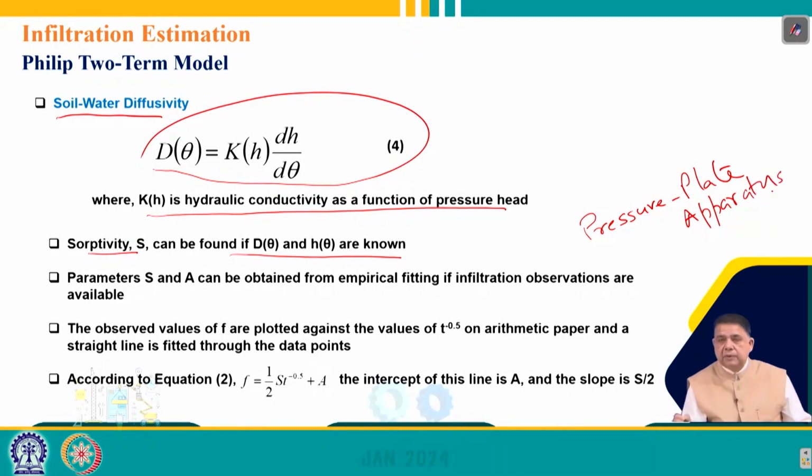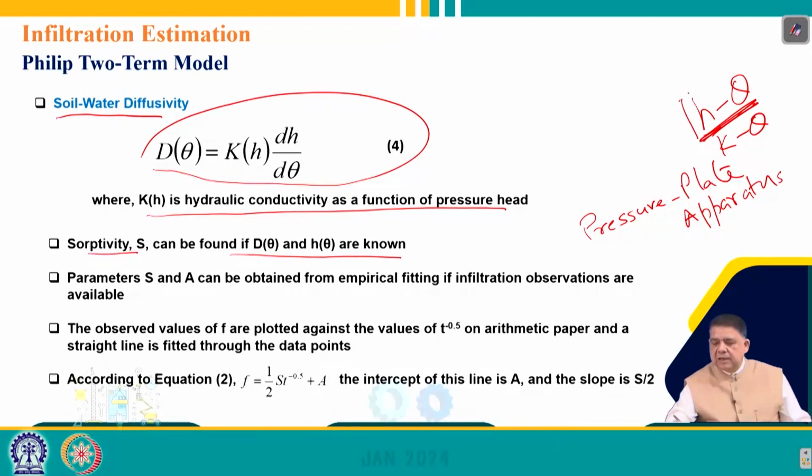then probably you will remember that this experimentation gives us the soil retention curve, or h theta relationship, or h psi or h theta, whatever you call. Once we have the h theta relationship, there are several models. One very popular model is the Van Genuchten model. Using that, we can also develop the K theta relationship.